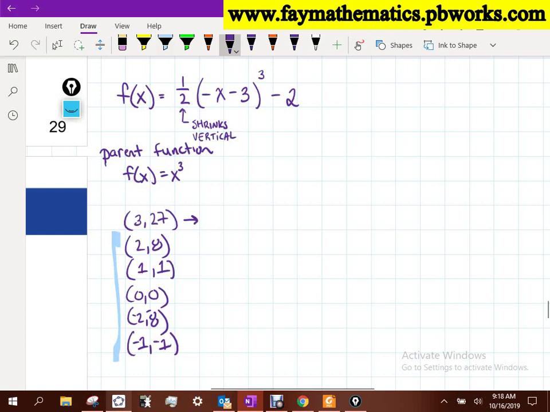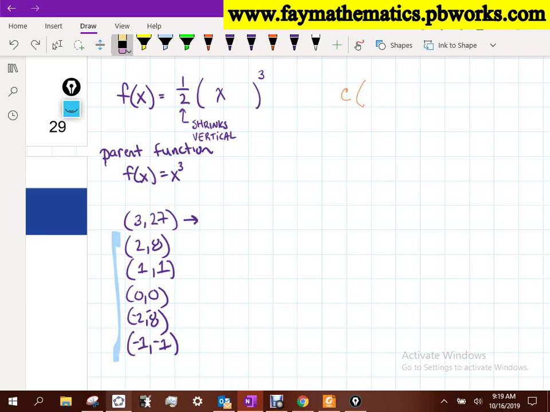If I removed everything, the negative and the others, but left that 1/2, doesn't that look like a c times my f of x? f of x was x cubed, right? When we have a c out in front, we have that scalar multiplier, and c is between 0 and 1, we get a vertical compression, or a vertical shrinking. Is that all right?